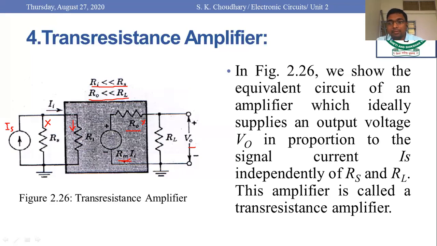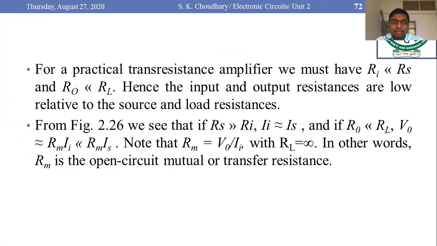So in this diagram, the ideal transresistance amplifier, the output voltage V0 is proportional to the signal current Is, which is independent of Rs and RL. And this kind of amplifier is called a transresistance amplifier.